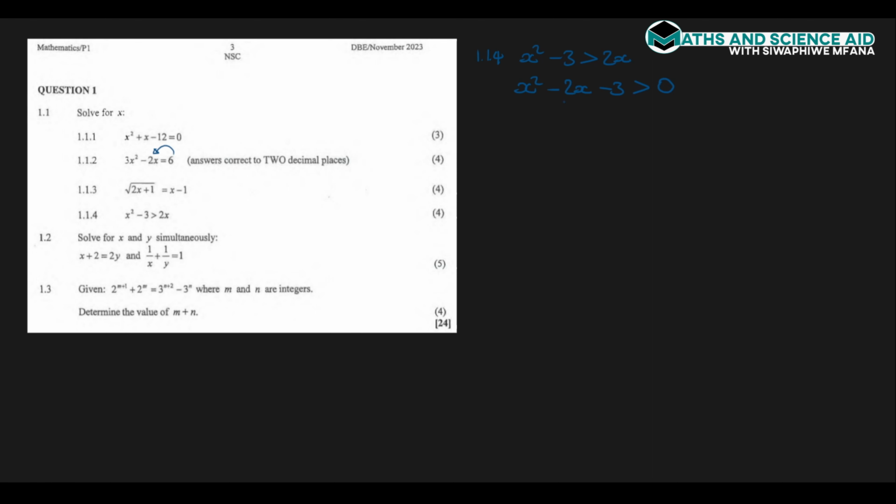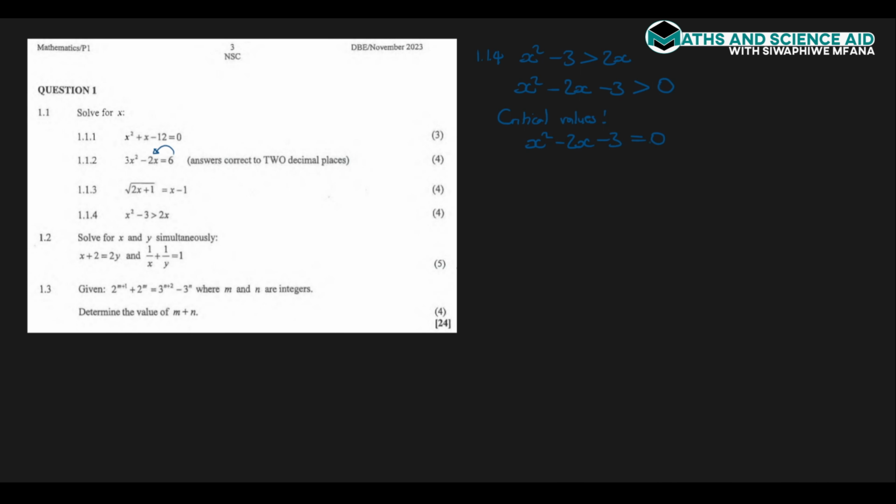Now, once you have your inequality in the standard form, you must work out the critical values. Critical values are the values of x where this quadratic expression is equal to 0. So you are now going to treat this as an equation instead of an inequality.